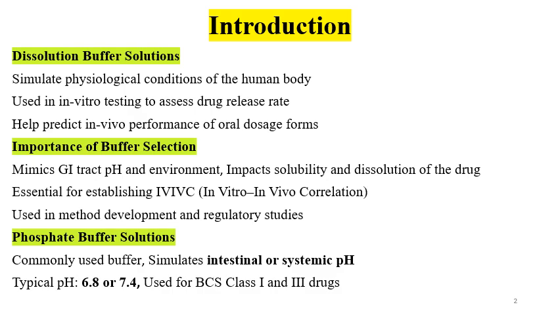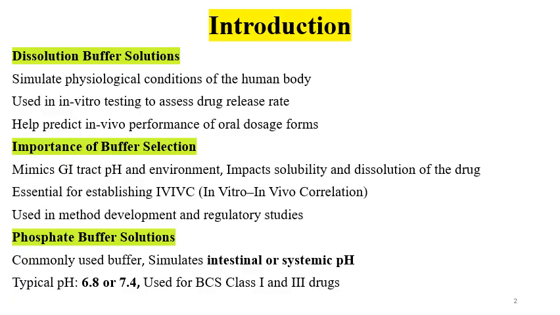We will see various types of buffers used as dissolution media. So you might be aware of the phosphate buffer solutions. Commonly, phosphate buffer solutions are used as buffer solutions for the dissolution testing. It simulates intestinal pH or systemic pH.